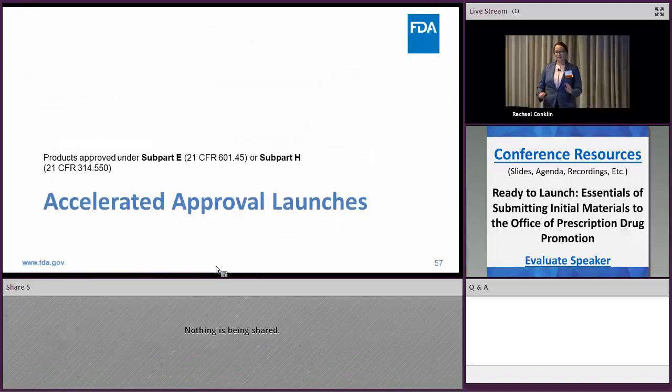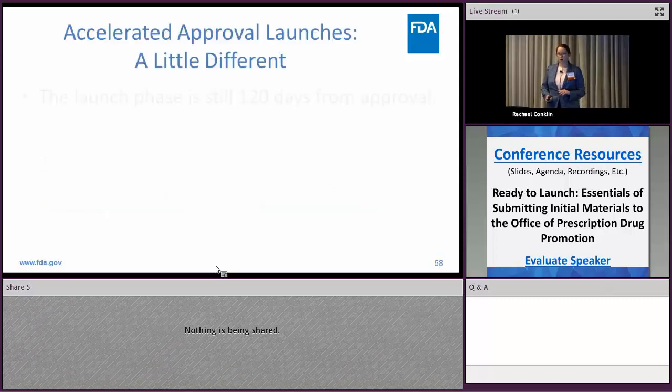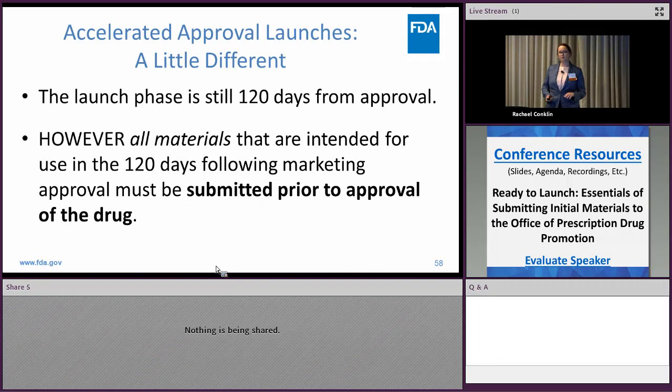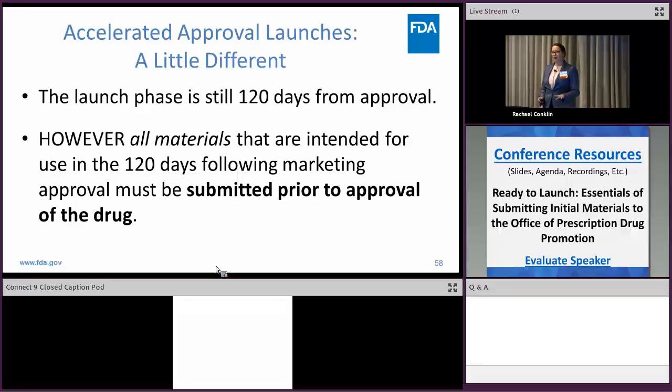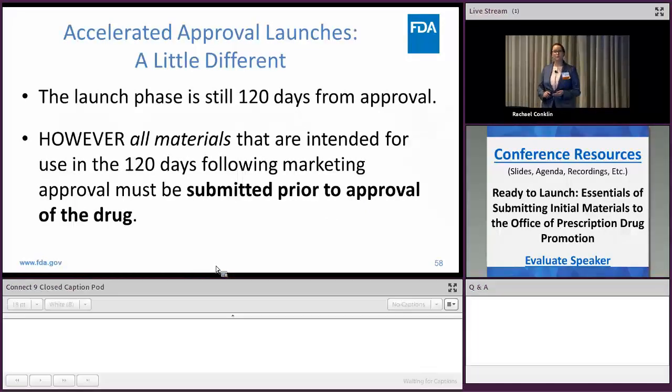Okay, accelerated approval launches. So accelerated approval products have very specific requirements for submission of promotional materials to OPDP, and the launches are a little different and I think can be a little bit confusing.